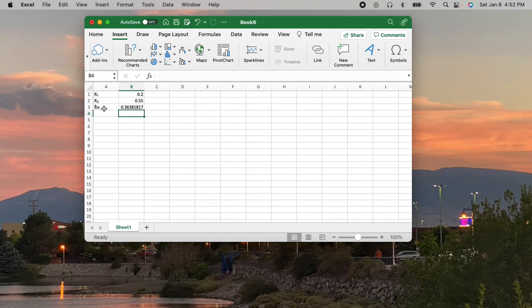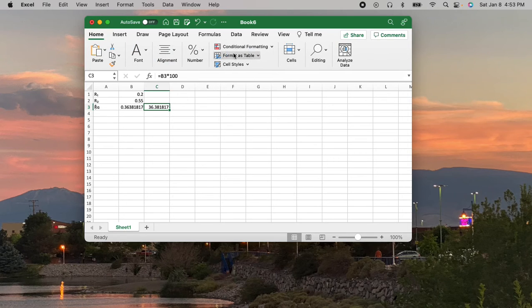So our RG, or our geometric mean rate of return, is 0.3638. Now we need to express this in percentages, so we multiply this by 100, and the problem is asking us to have only 2 decimal points.